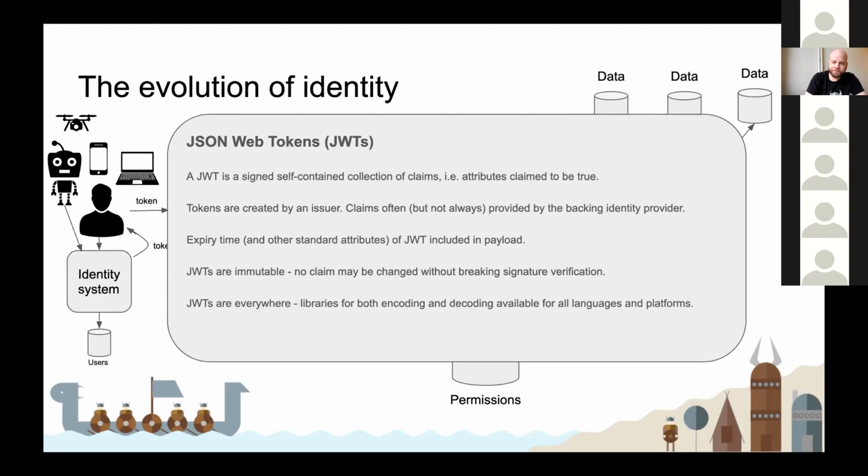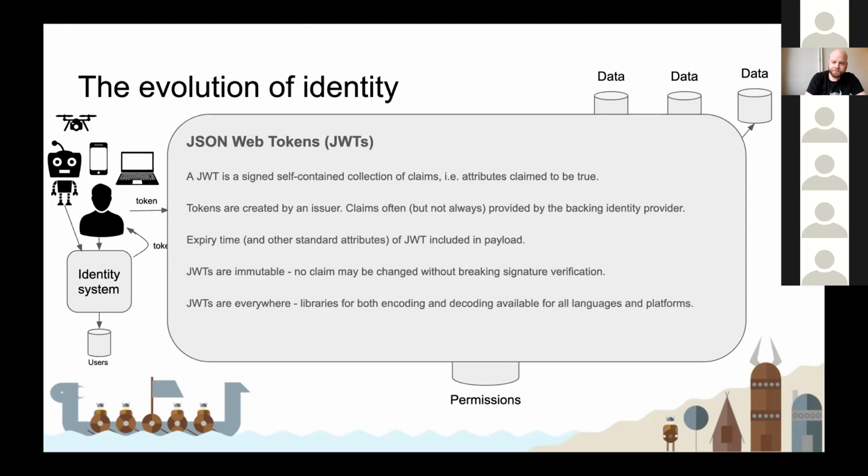Another benefit of this is, of course, that these tokens can have an expiry time. That would be pretty annoying if we did it for passwords, for example, if we had to change your password every hour. But there's really no problem in changing a JWT every hour, or changing what a token is.